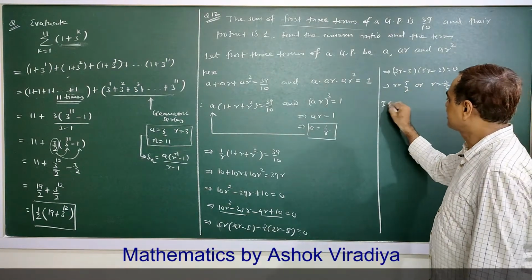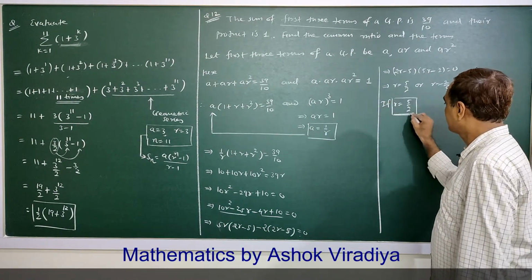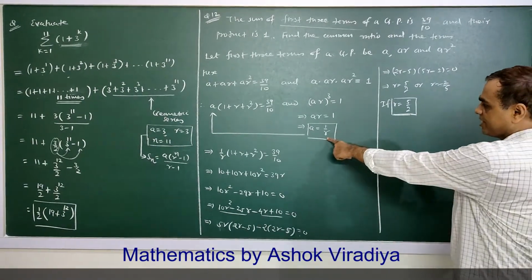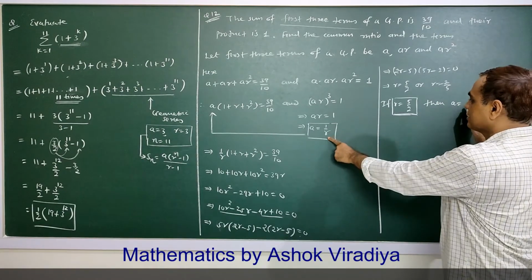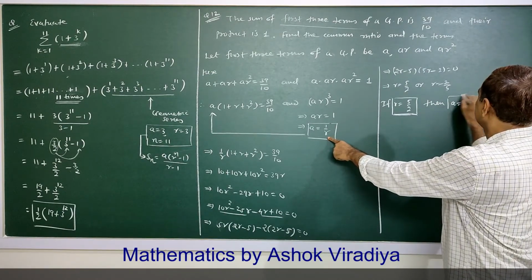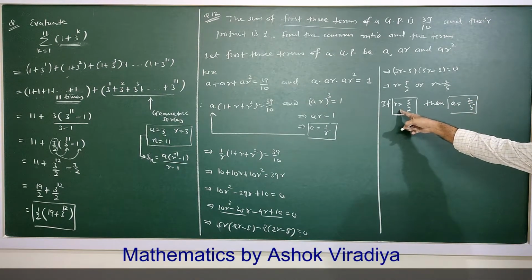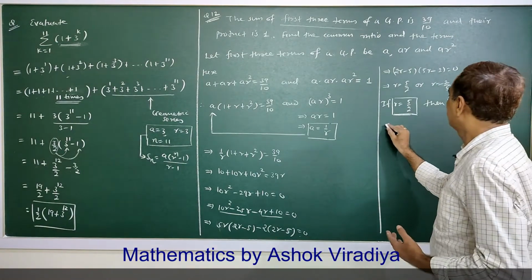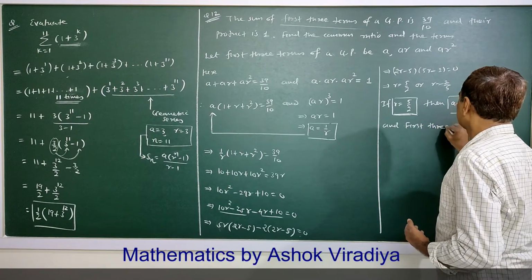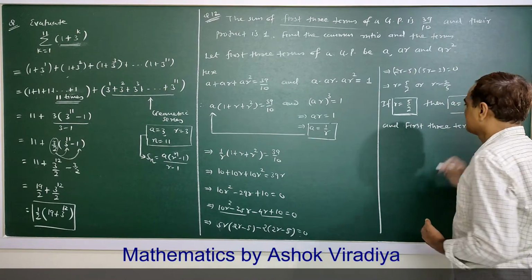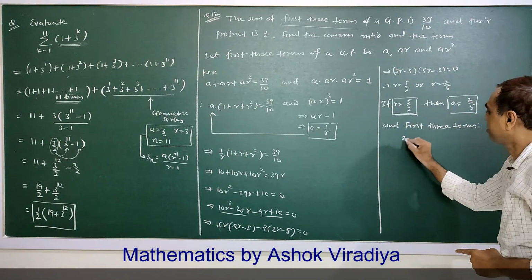If R is 5 by 2, case 1. If R is 5 by 2, then A is 1 by R, so it is 2 by 5. This is the common ratio, and the first three terms are: first term is A, so A is 2 by 5.